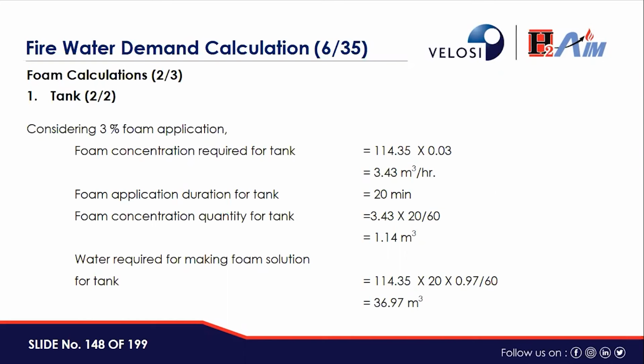Water required for making the foam solution for the tank will be the foam solution quantity minus the foam concentrate quantity of the tank, which is 0.97 less. So the answer is 36.97 cubic meter, which is the water required for making foam solution for the tank.